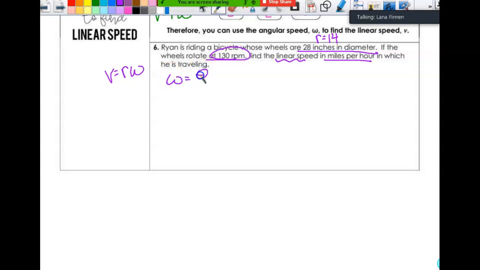So this is theta over t. Theta is the number of revolutions, 130 times 2 pi. That'll give me radians up there, over 1 what? Minute, because RPM is revolutions per minute.